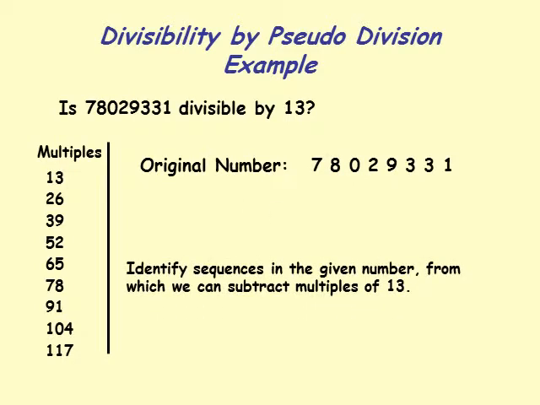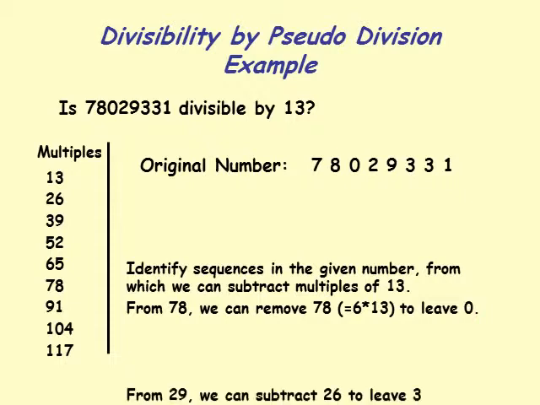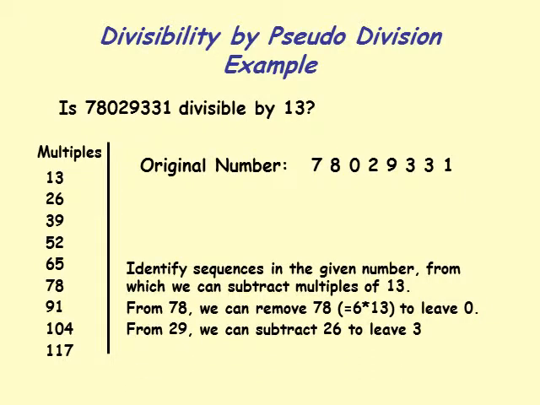Let's continue. Identify a sequence in the given number from which we can subtract multiples of 13. First, there's 78 here. I can subtract 78, 6 times 13, to leave 0 there. Next, the sequence 29. I can subtract 13 twice, so we subtract 26 to leave a 3 there.